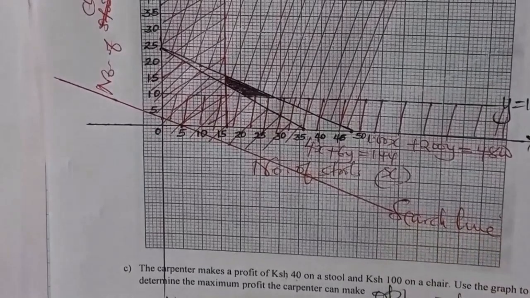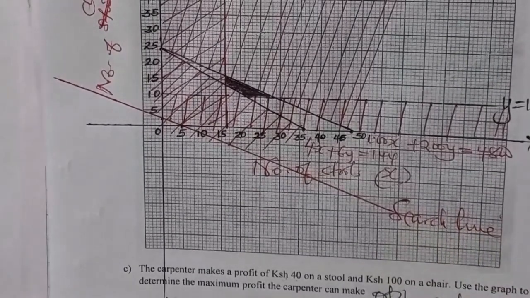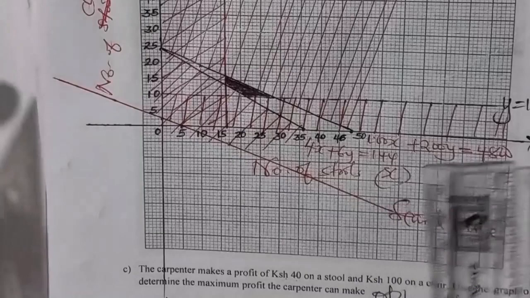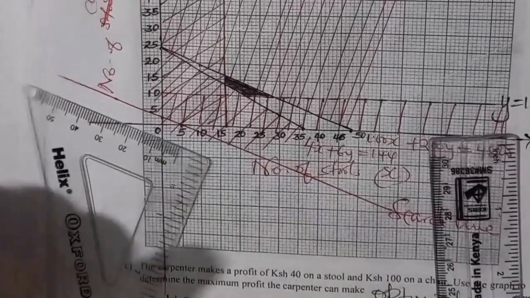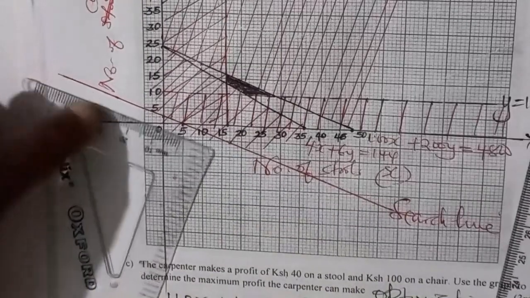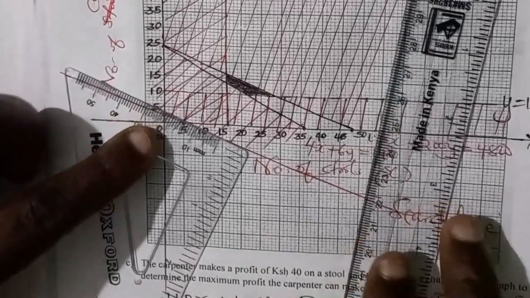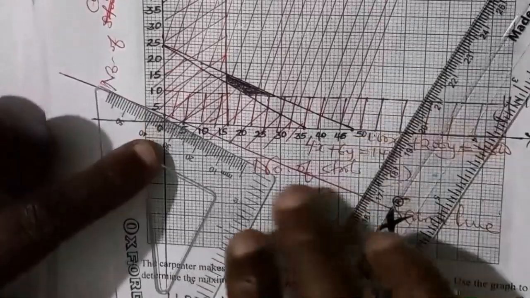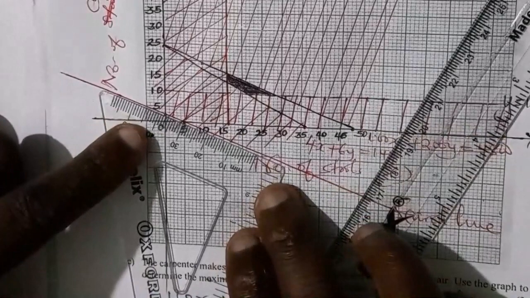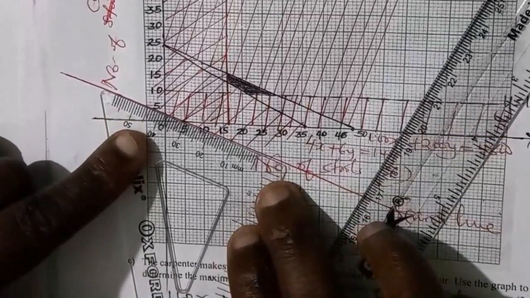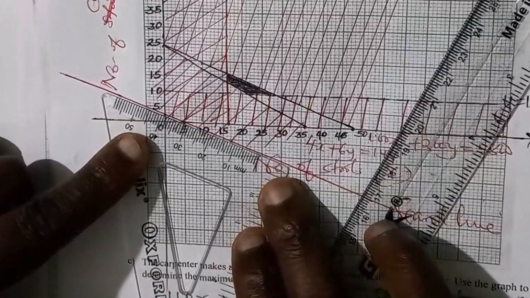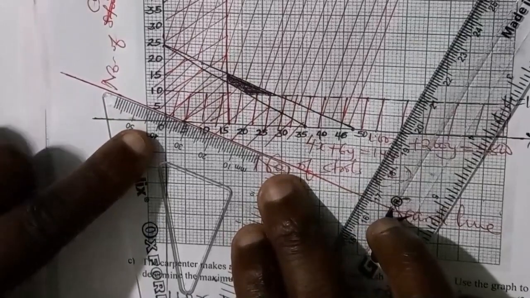After drawing the search line, take the set square and a ruler. Check how we place the set square. Place it on the straight edge such that the set square lies along that straight line, like that.